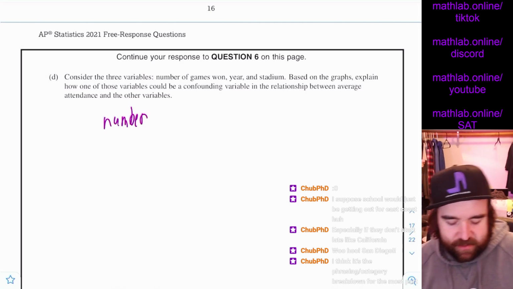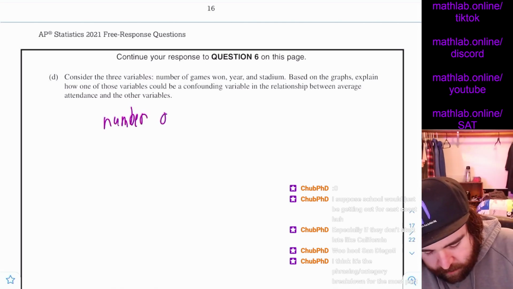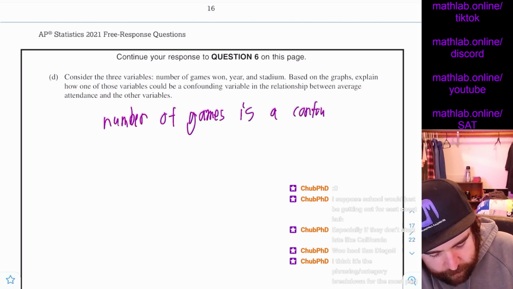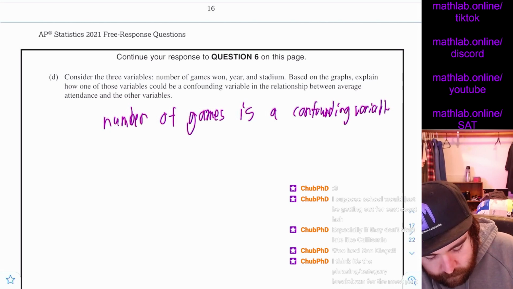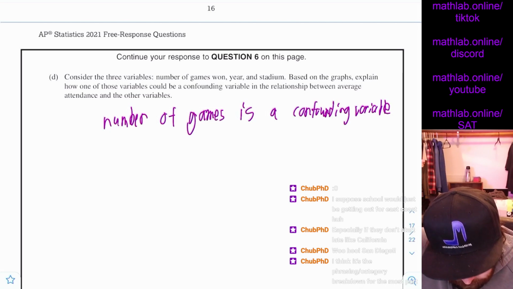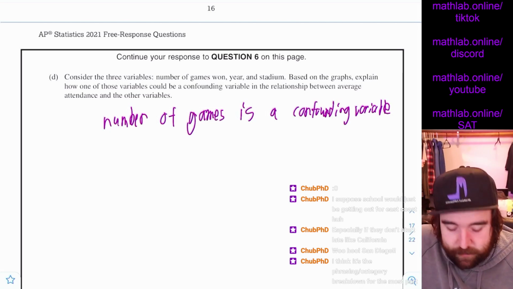The way they're phrasing it seems like you could use all of them. Number of games won is a confounding variable. But explain the effect it would have on it.